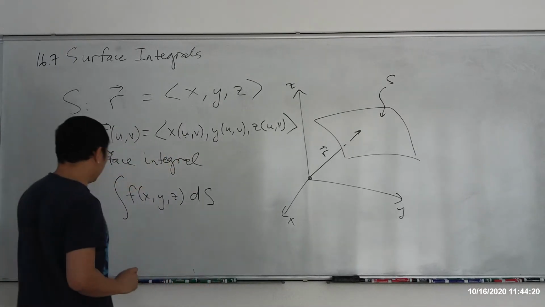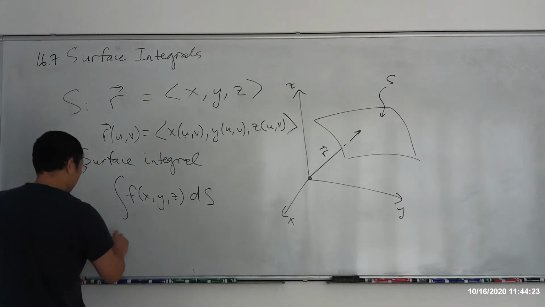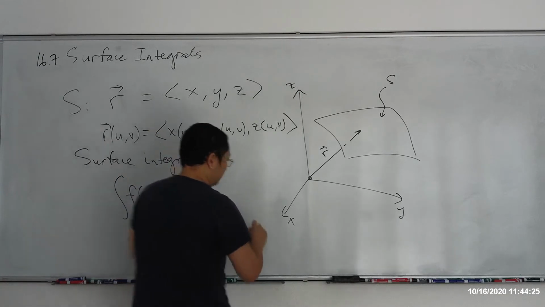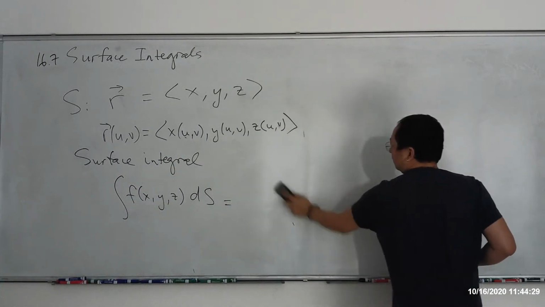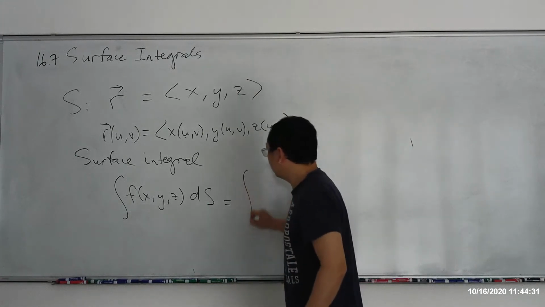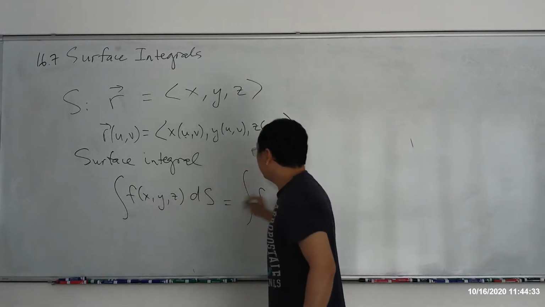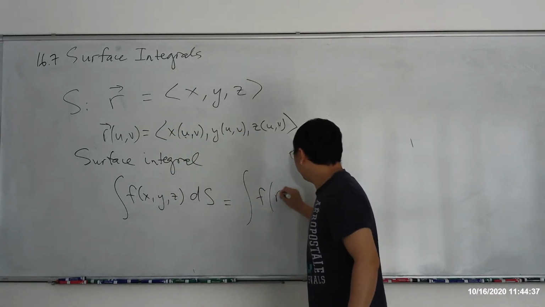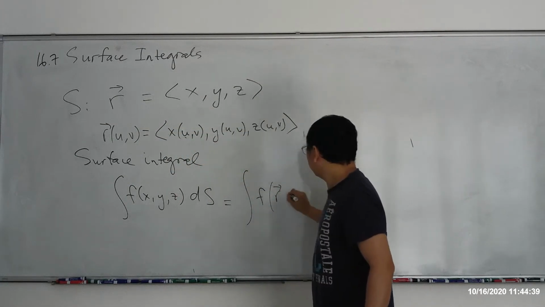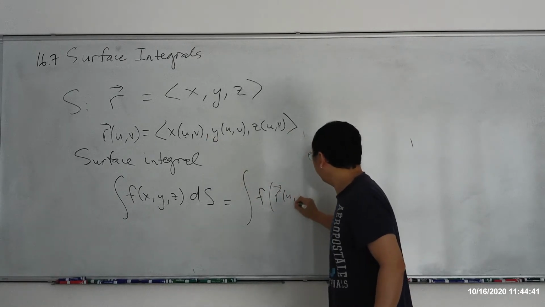I need some room to write, so this is the integral of f right here. What is x, y, z? x, y, z is really the vector r, here in terms of u and v.